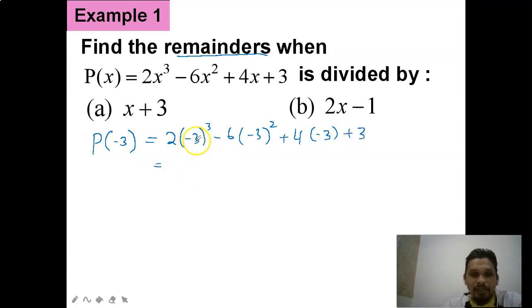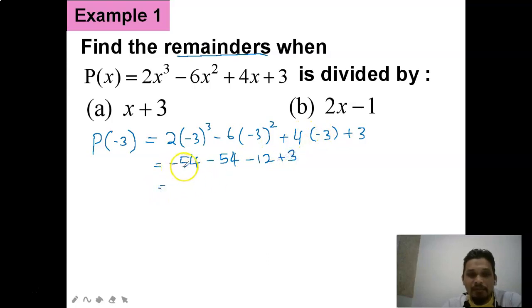Negative 3 cubed is negative 27, times 2 is negative 54. Negative 3 squared is 9, times negative 6 is negative 54. 4 times negative 3 is negative 12, plus 3.